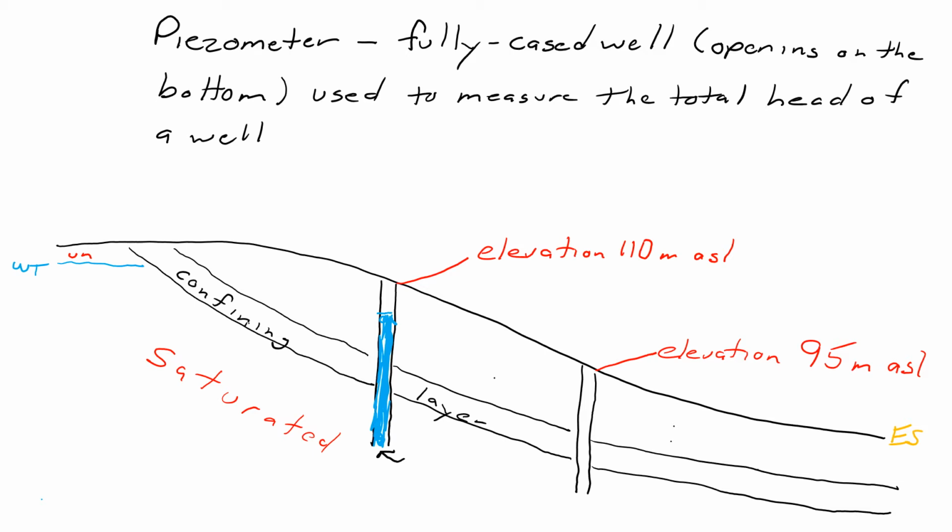It's forced up into your piezometer, and it goes up to an elevation of 100 meters above sea level. So that's the elevation of the top of the water in your well. The base of your well right here is 50 meters above sea level.